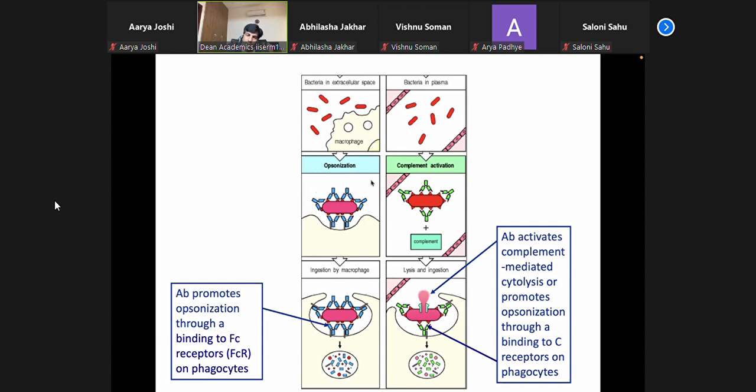In so doing, this whole process is facilitated and this microbe is internalized efficiently by your macrophage, the cells of the innate immune response. And eventually this microbe is cut into pieces. So basically you have killed this microbe by different mechanisms, one of them being production of reactive oxygen species, enzymatic activity in the phagolysosome, and so on and so forth. So this process is called opsonization, and it is promoted by the Fc portion of the antibody molecule.